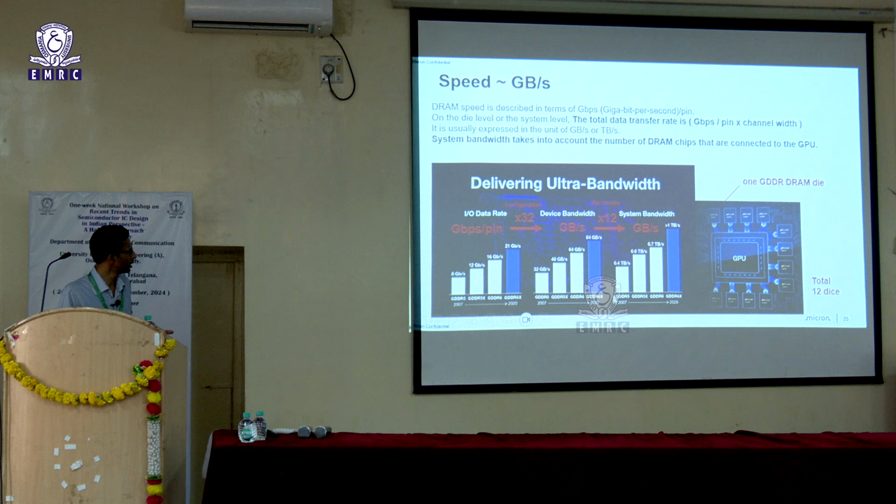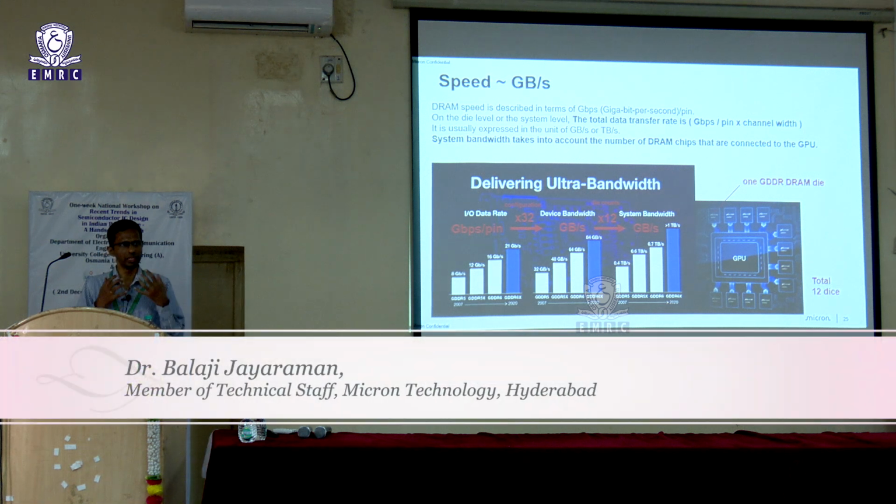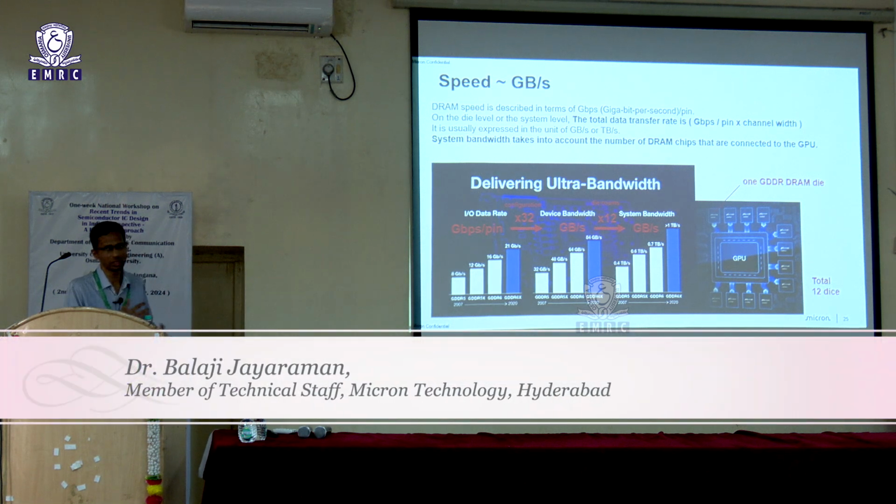The latest that you see here is like 84 gigabytes per second. And then you have a system bandwidth. You are looking at the system as a whole, GPU plus 12 dice. You multiply by 12 because you have 12 memories here, each having its own I/O interfacing with the GPU. So you can expect greater than 1 terabyte per second to be sent out to your GPU. That's the kind of information that you can actually process in your GPU.